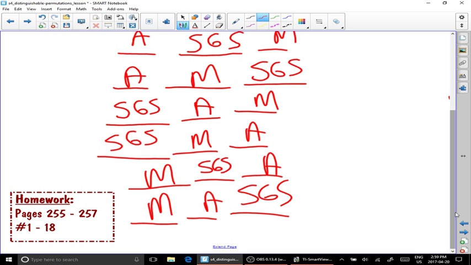So what we've basically done so far is we've looked at how the grouping of Sam, Sophie, and Gracie would be arranged with Abby and Mika. And we found that there's 6 outcomes, or 3 factorial. So there's 3 factorial ways of arranging Sam, Sophie, and Gracie with the other 2 dogs.